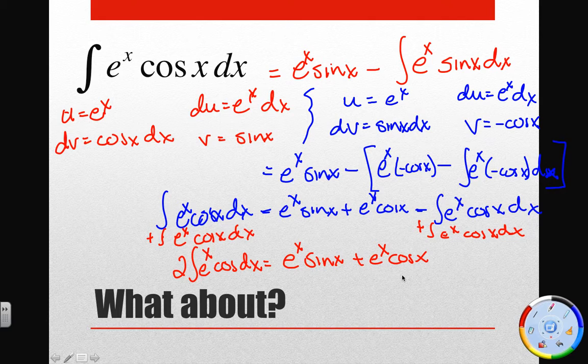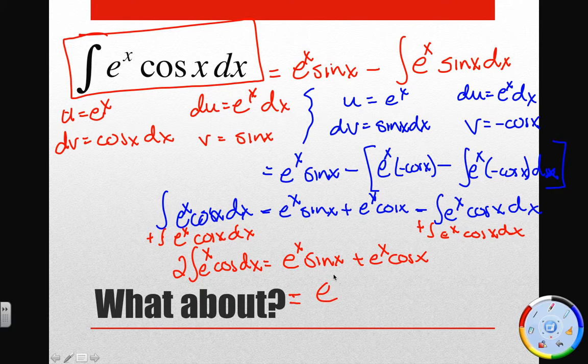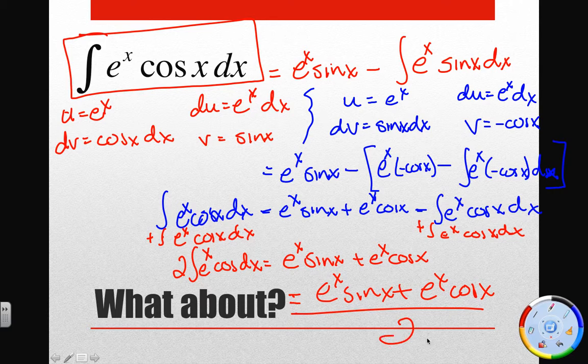But what's actually interesting here is the original question is solve for this, which means I can't have any integrals in my answer. Well, notice this. I have this times 2, which means I can divide both sides by 2. So I get e to the x sine x plus e to the x cosine x over 2.